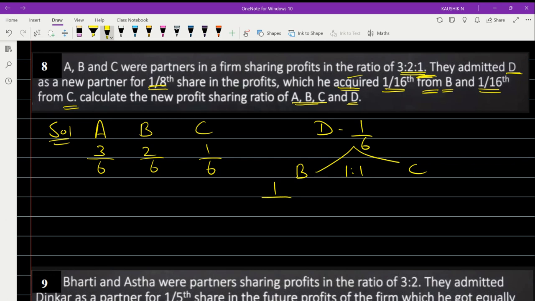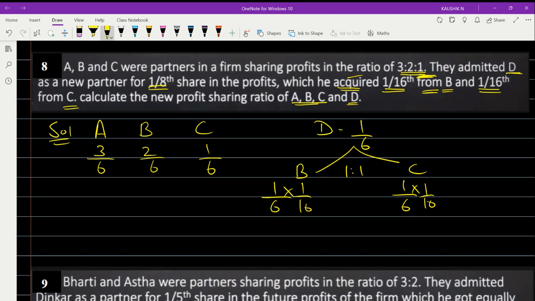So 1 by 6 into 1 by 16, this is how he is acquiring it. So in that way, you have to calculate. Here it is 1 by 6 of 1 by 16.